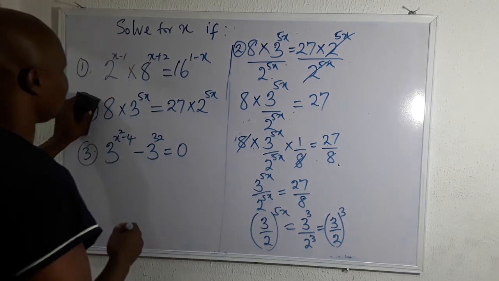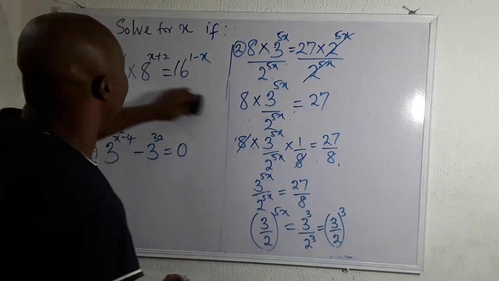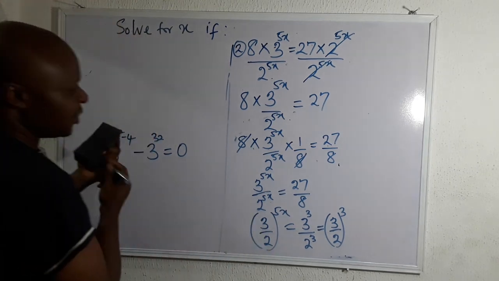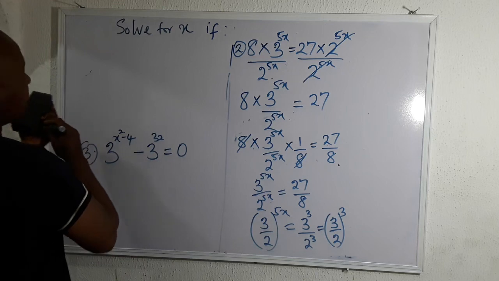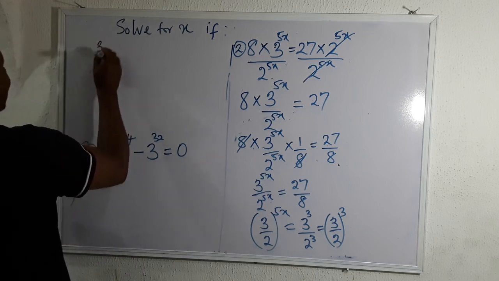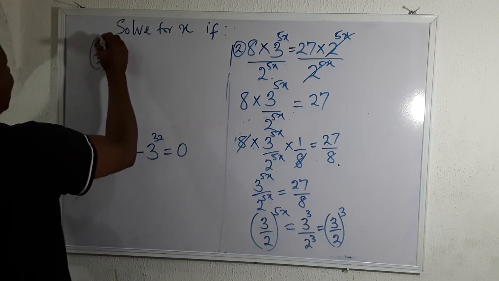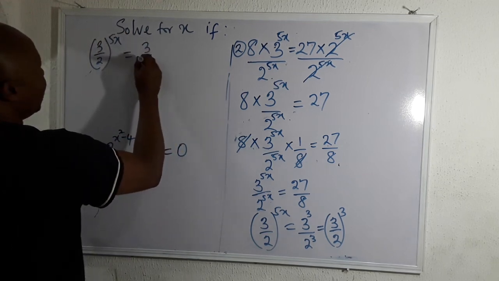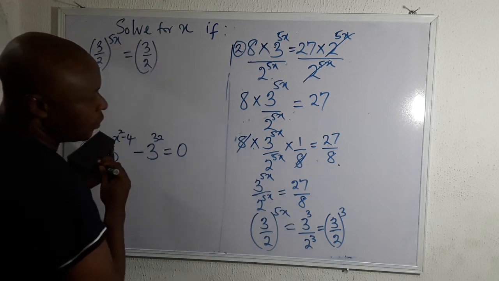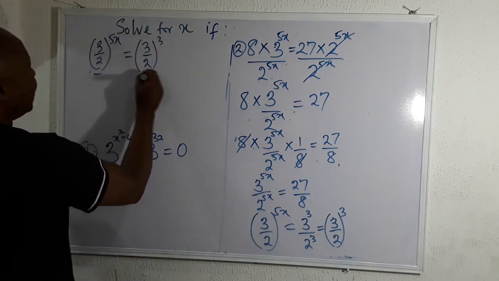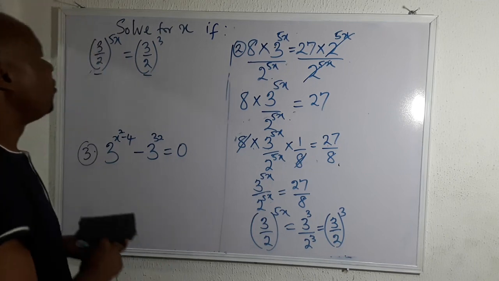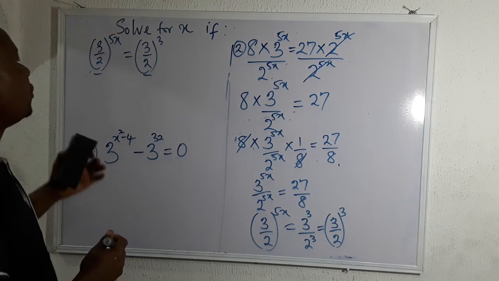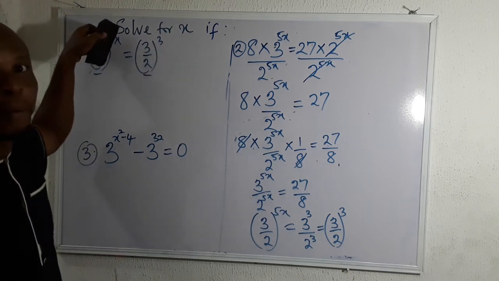Now, with that said, very quickly, on the left hand side we can see that the base is 3 over 2 all raised to power 5x. On the right hand side is 3 over 2 all raised to power what? 3. So the bases are the same for both the left and the right hand side, separated by the equality sign. So what we are going to do is to simply equate the powers.